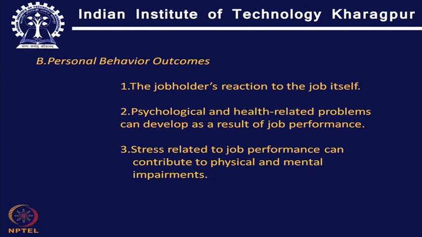We also have the personal and behavioral outcomes, which is the job holder's reaction to the job itself. In objective outcomes you get outputs which you can observe and quantify, while in personal outcomes you get the job holder's reaction to the job, which may affect the way the job is performed by the employee.